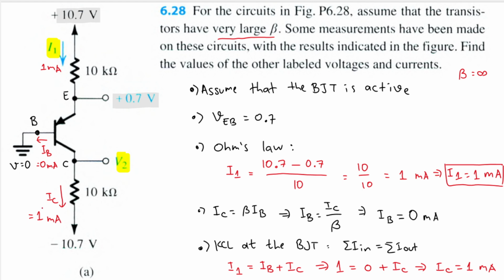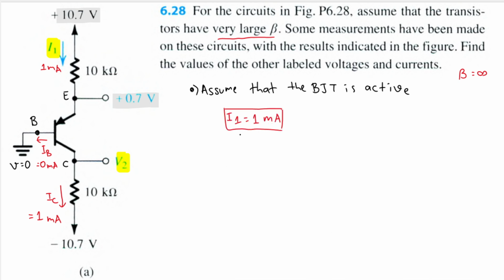But we are not asked about IC, but V2. V2 can be calculated using Ohm's law. I think we have a full slide here, so let's erase it first. Okay, now let's use Ohm's law to find V2.